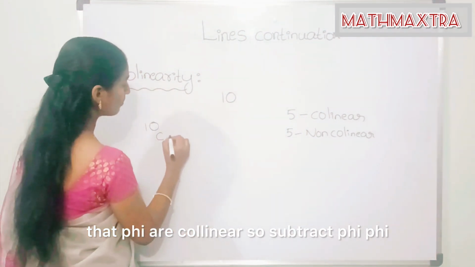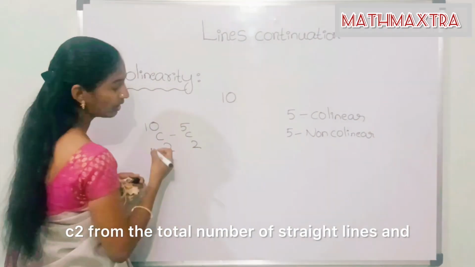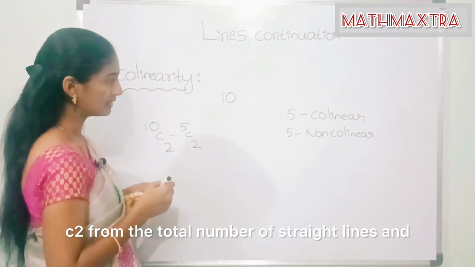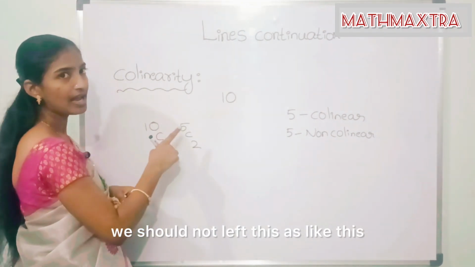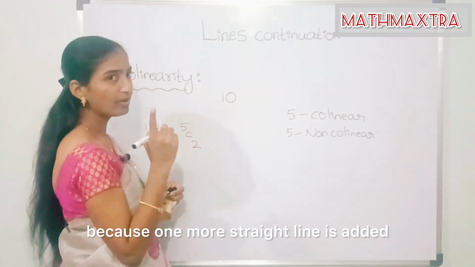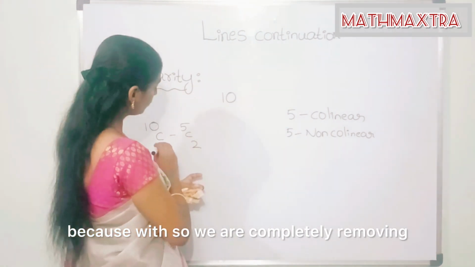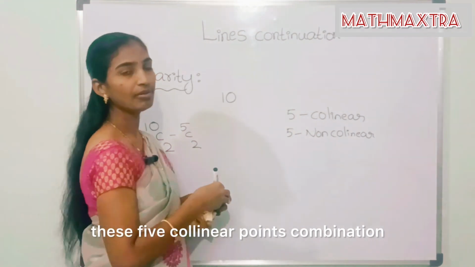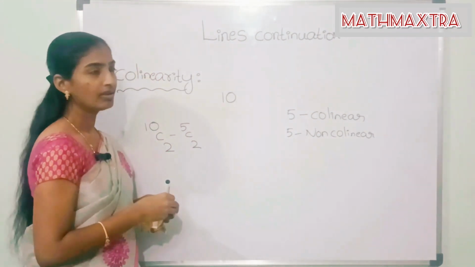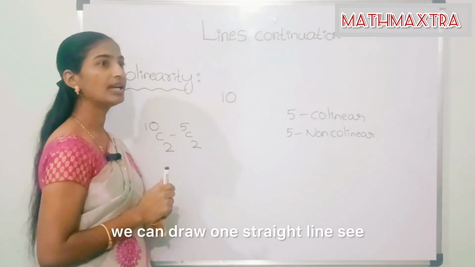So subtract 5C2 from the total number of straight lines. But we should not leave it like this, because with these 5 collinear points, we can draw one straight line.